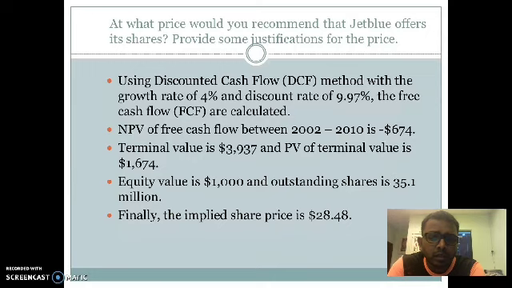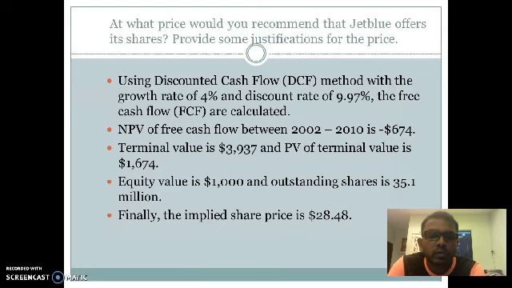With this we can determine the free cash flow from the financial forecast that is available. We discount the free cash flow using the discount factor of 9.97% every year.